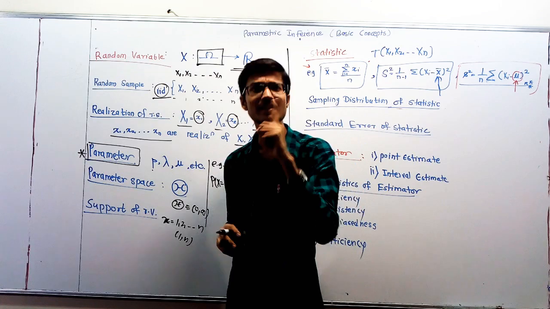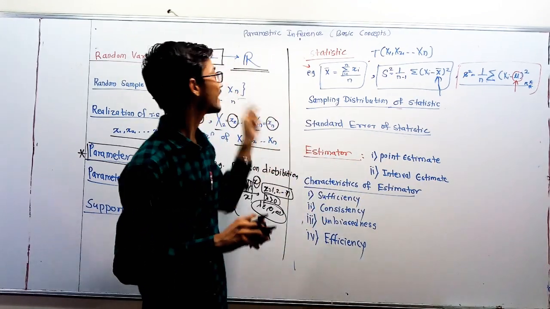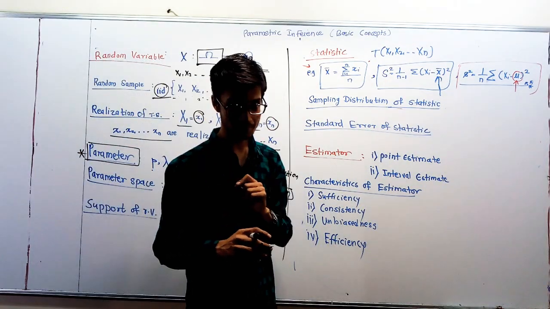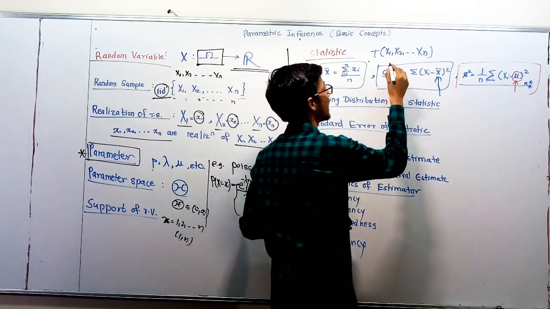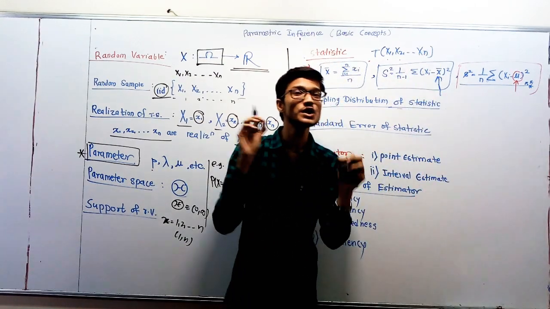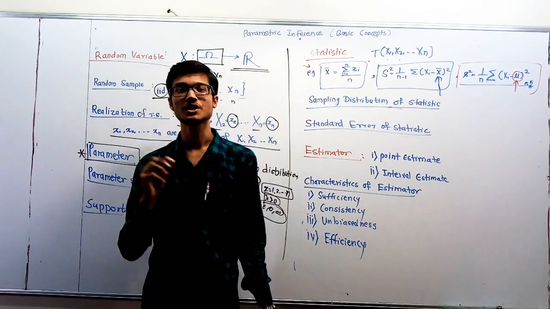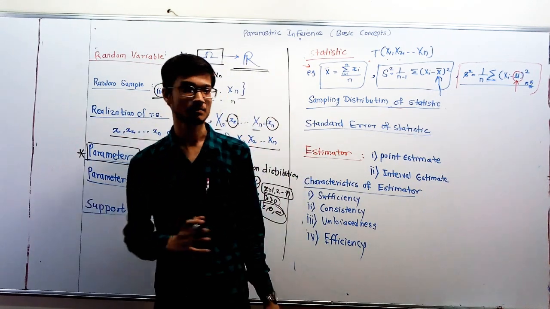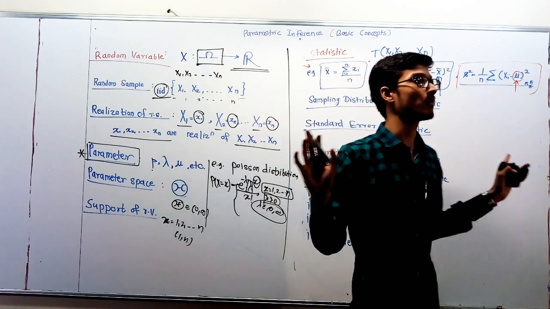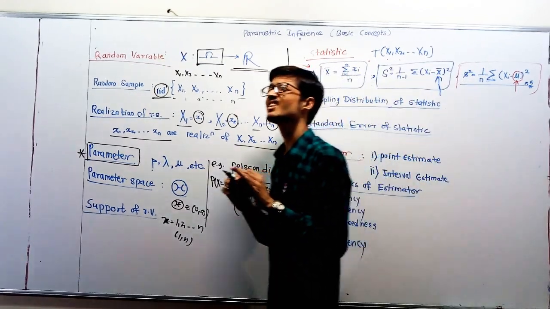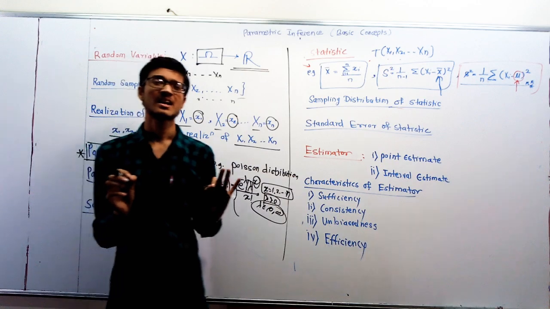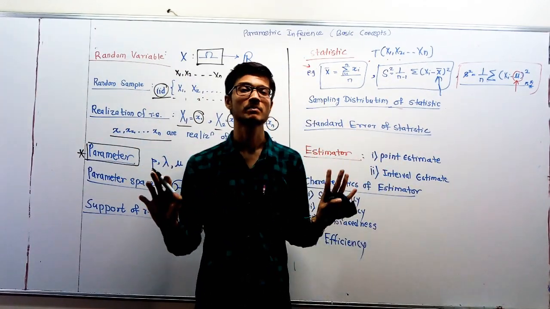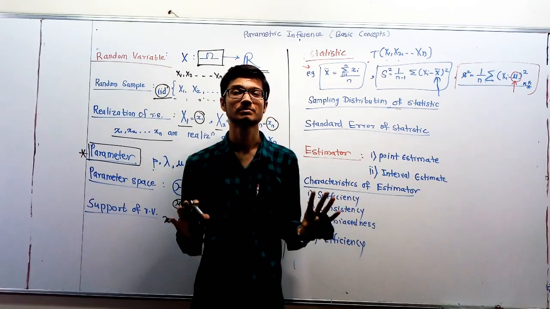Statistic is a real valued function of random variables x1, x2, xn, which is free from unknown parameter. In simple language, it is easy to compute, always computable, its value can always be found.